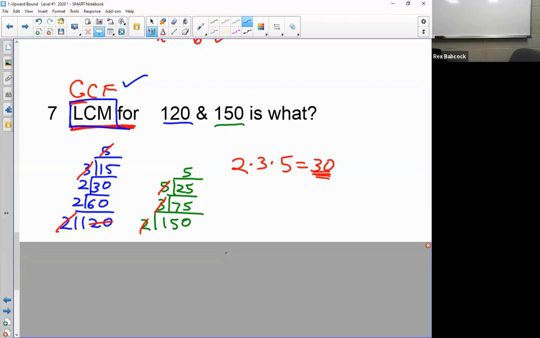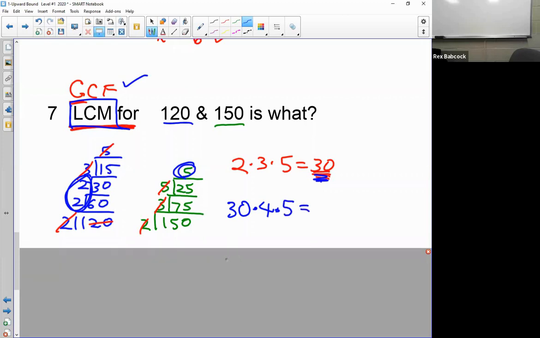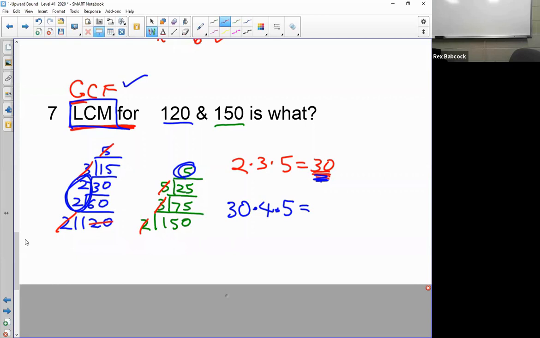Well, the least common multiple, you start out and write down what the greatest common factor is. It's 30. And then you multiply by the leftovers. Over here, I have 4 left over, 2 times 2. Here, I have a 5 left over. So, the least common multiple is 30 times 4 times 5. 5 times 4 is 20.